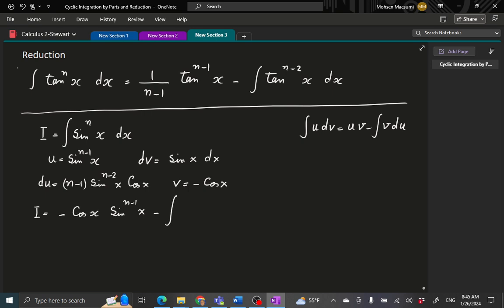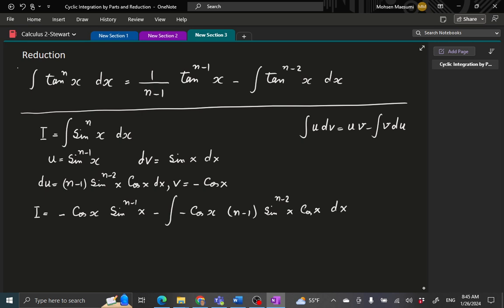So v is minus cosine of x, du, I forgot to put my dx here, sorry. This is v times du. du is going to be n minus 1 sine to the power of n minus 2 cosine of x dx.